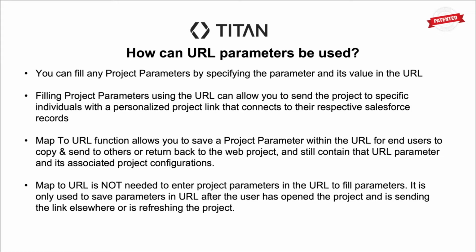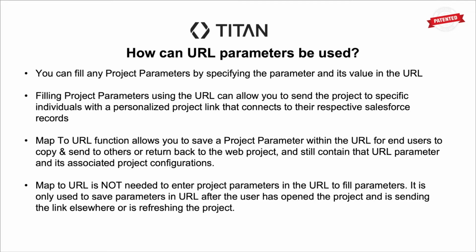Another way that we can use URL parameters is when we are mapping the URL to an external site, and that is not used for whenever we are creating a template, but instead after the end user has accessed the site. Say they are checking out a pair of shoes that they saw on your site and they want to send it to a friend, and so they copy the URL and then send it to somebody else.